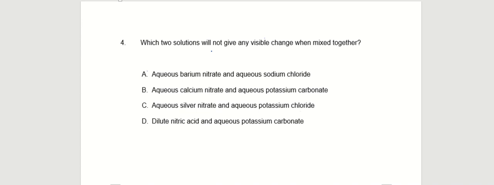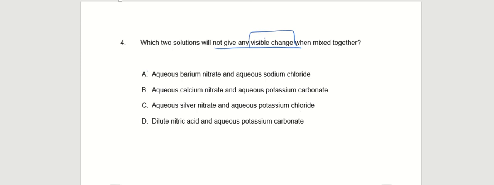Okay, let's take a look at number 4. Which two solutions will not give any visible change when mixed together? So we are looking for a change that is visible. Okay, so let's take a look. In this kind of situation, when we get a bunch of chemicals like this, it is sometimes useful for us to exchange ions and see whether we get a precipitate or whether there are any other reactions that produce a gas.